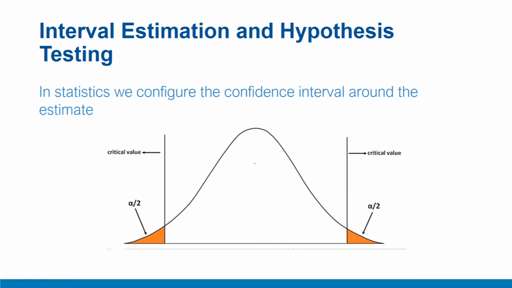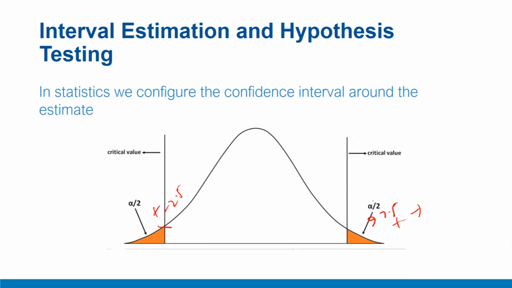Now the way it is done, you compute the relevant t values, or critical t values, corresponding to these alpha by 2. For example, if alpha is 5%, then you compute the t value corresponding to 2.5% level on the left side and 97.5% on the positive, right side.